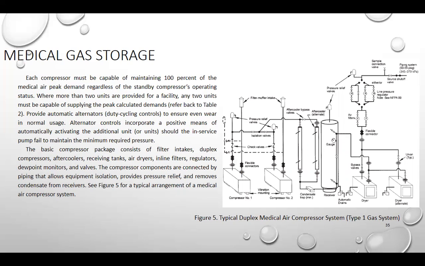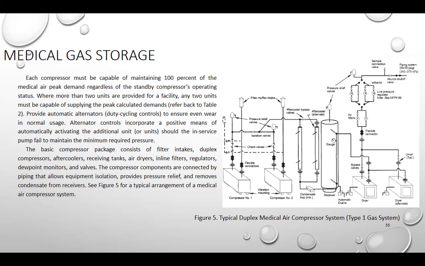So provide automatic alternator duty cycling controls to ensure even wear and normal usage. Pareha sila yung wearing niya. Alternator controls incorporate a positive means of automatically activating the additional unit or units should the in-service pump fail to maintain the minimum required pressure.